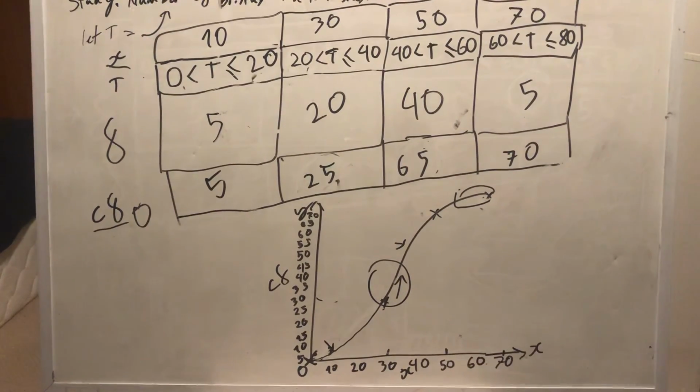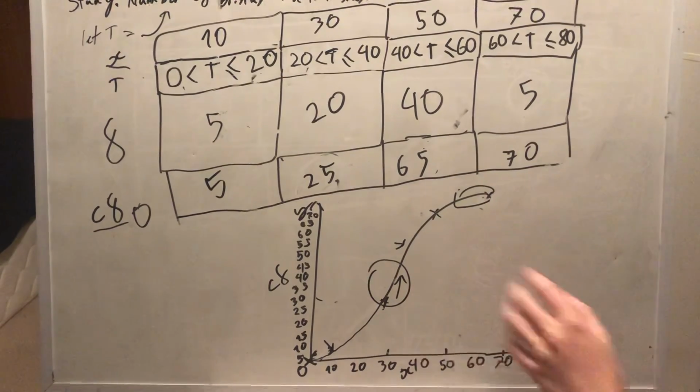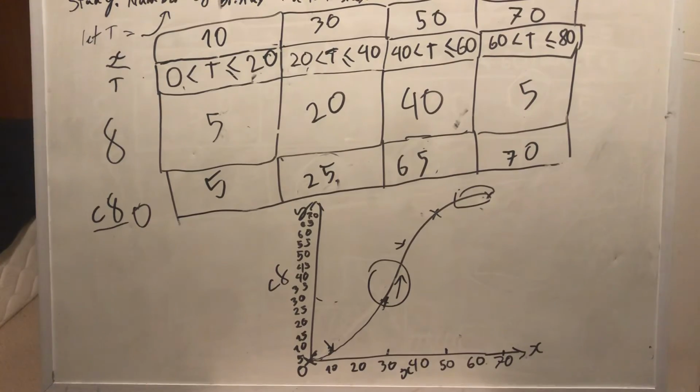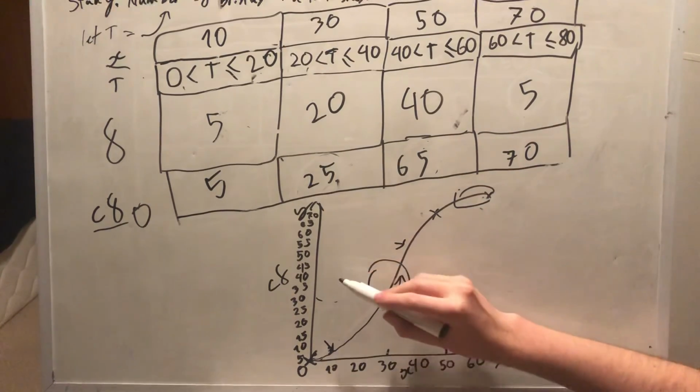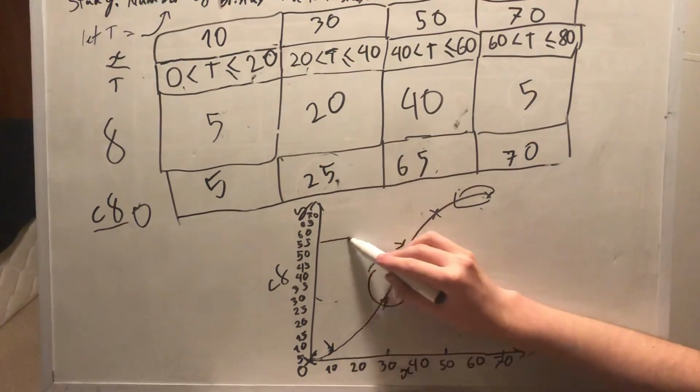So this is our cumulative frequency graph. And there are quite a few different problems you can solve with a graph like this. So for example, 55 is not on here.